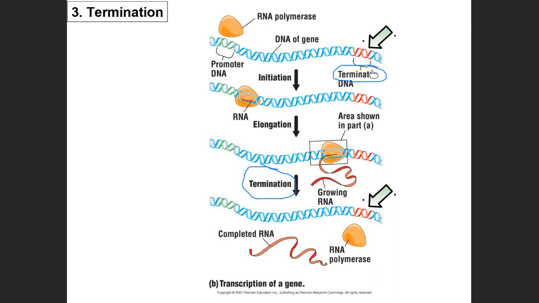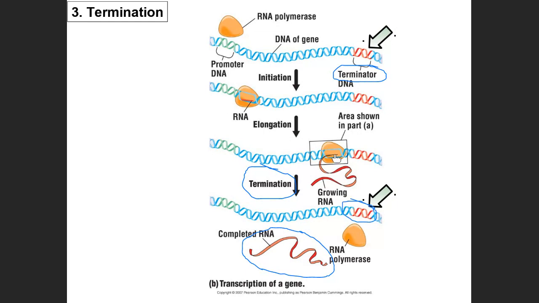The terminator sequence tells RNA polymerase when to stop. When RNA polymerase reaches the terminator sequence, it tells RNA polymerase, let go of the mRNA you just synthesized and let go of the parent DNA.